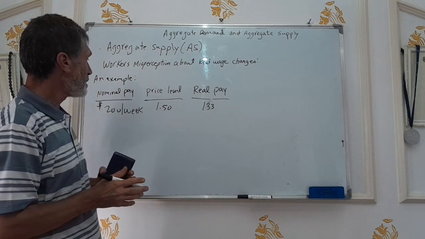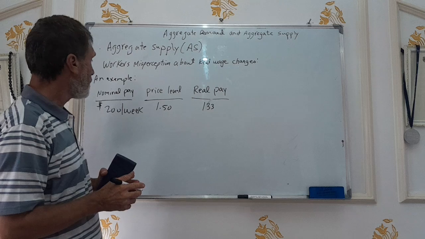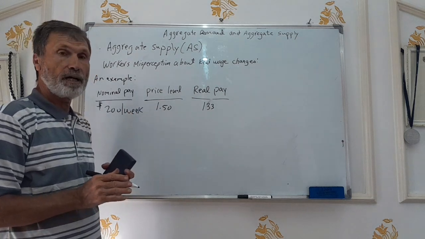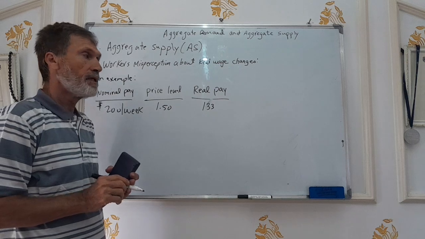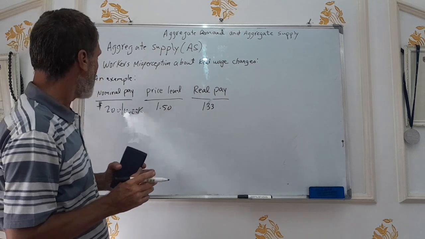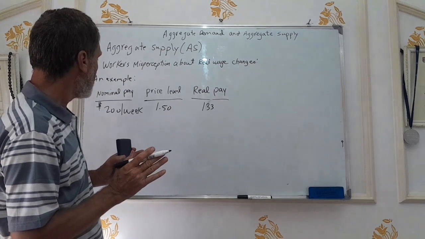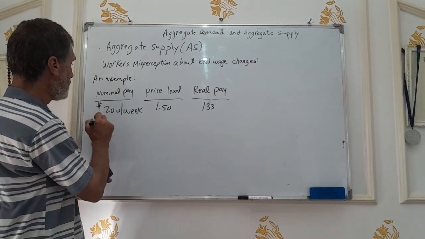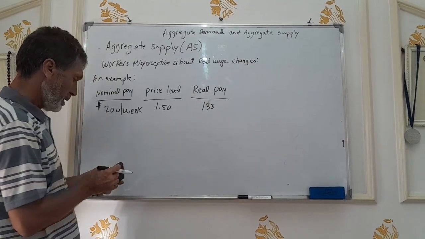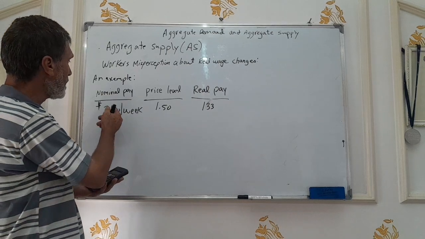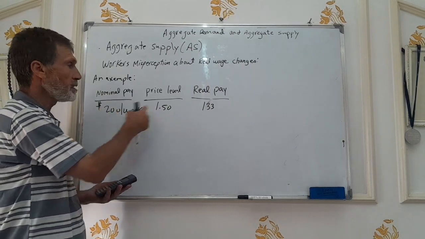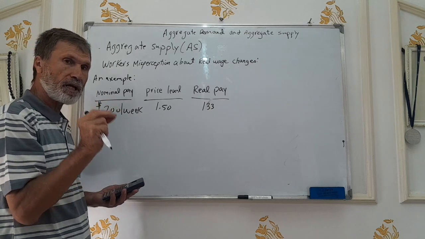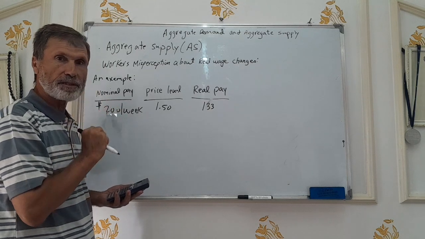Now, let's say, for instance, the nominal pay and the price level have declined the same percentage. Okay, let's say here 200. Now let's say this nominal pay declined 20%, and the price level declined 20%. So both have declined the same percentage.